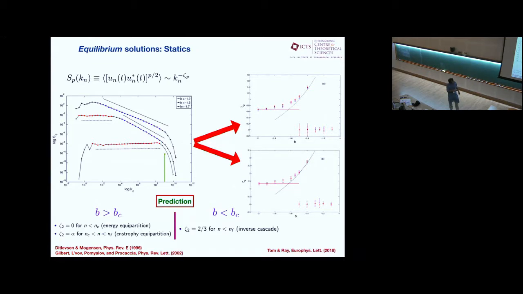You either get equipartition results, and here is a plot of the exponents as a function of B. You can either get exponents which are 0, which correspond in the shell model world to equipartition, equilibrium solutions, or you end up asymptotically, as B approaches a certain critical value of -2, with more turbulent solutions.